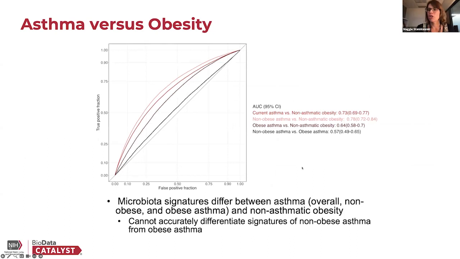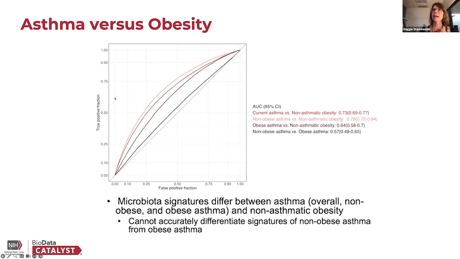I'm not going to dig in too much into these results, but I mentioned we also looked at just the subset of individuals who have asthma or obesity or both, and tried to understand if the microbiome signature of these subtypes differed. This plot is showing an ROC curve of our models. All these pink and red ones up here are the comparisons to non-obese asthma.